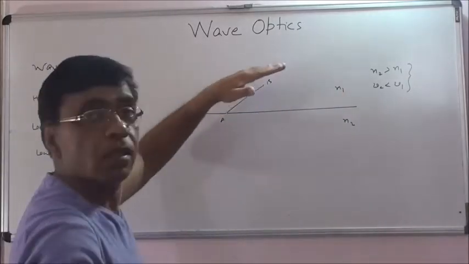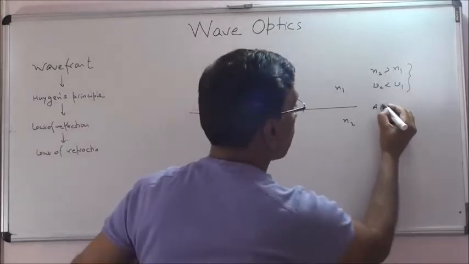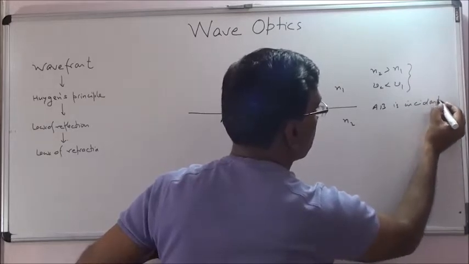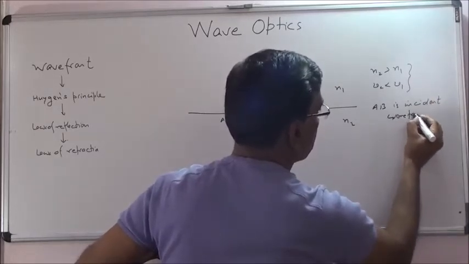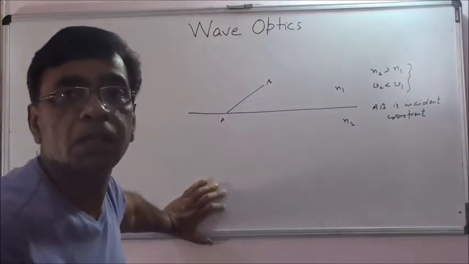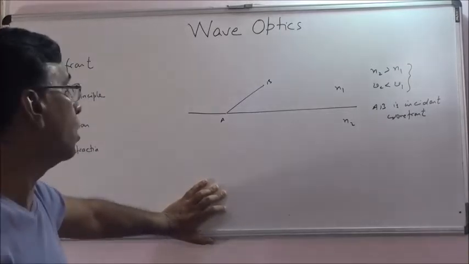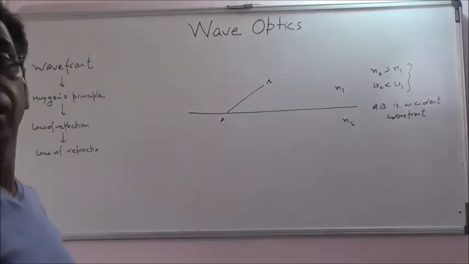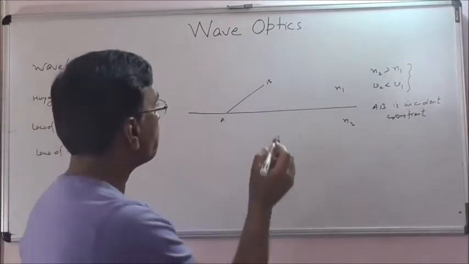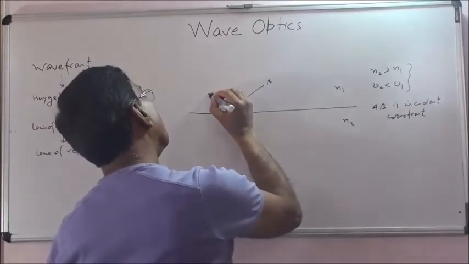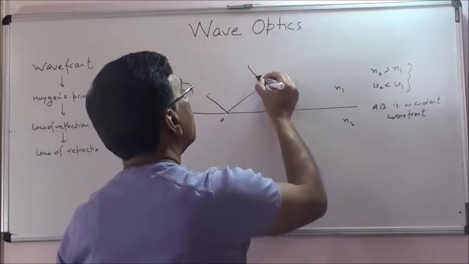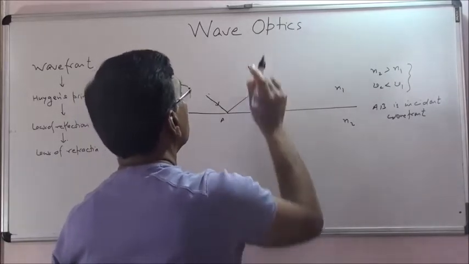AB is the incident wavefront. Now again apply Huygens principle, and every point on AB gives rise to secondary wavelets. They will move onward. One difference with the reflection: let us draw incident rays also.